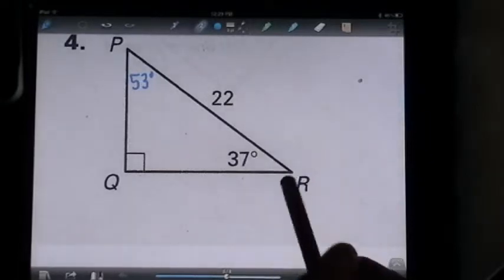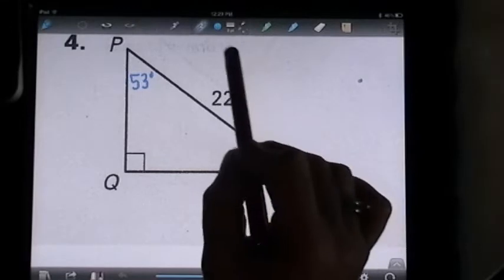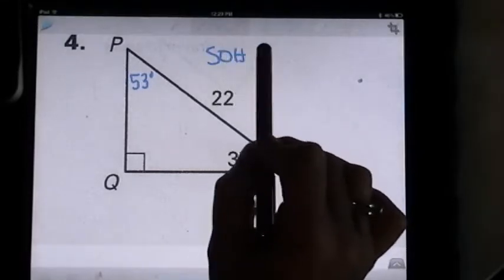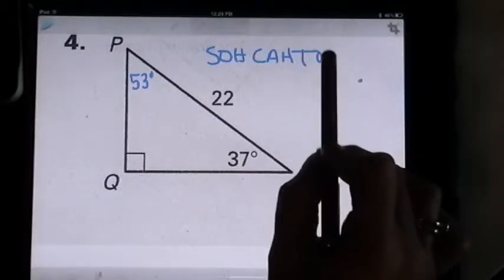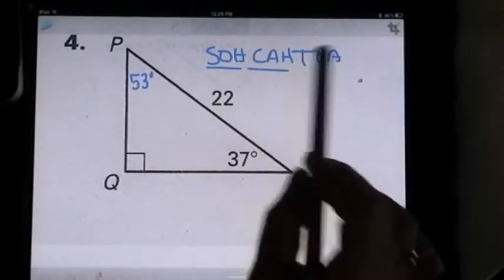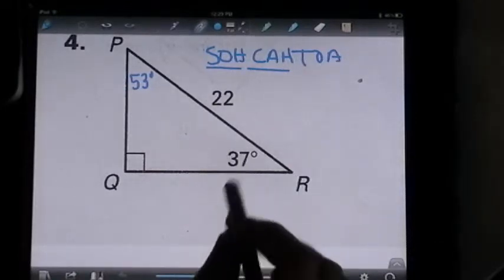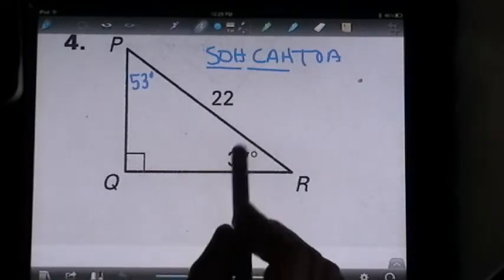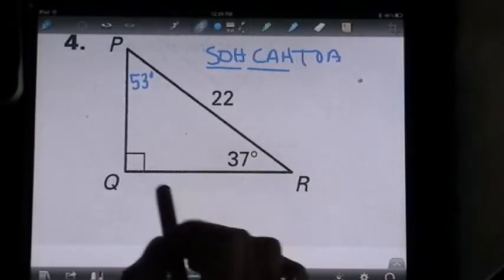Since this is the hypotenuse, in SOHCAHTOA we can use either sine or cosine, depending on which one we want to find. So it really doesn't matter here. Our hypotenuse is going to be on the bottom, which puts our variable on the top, which is nice.